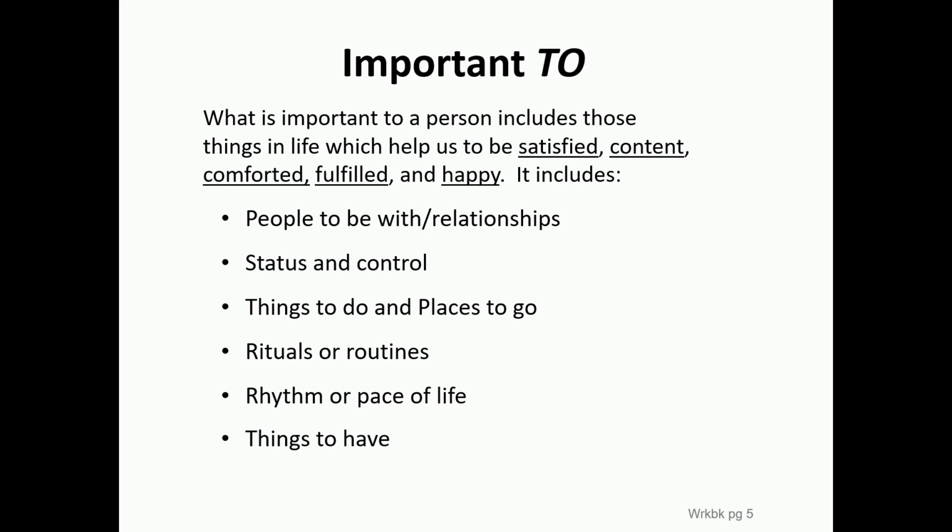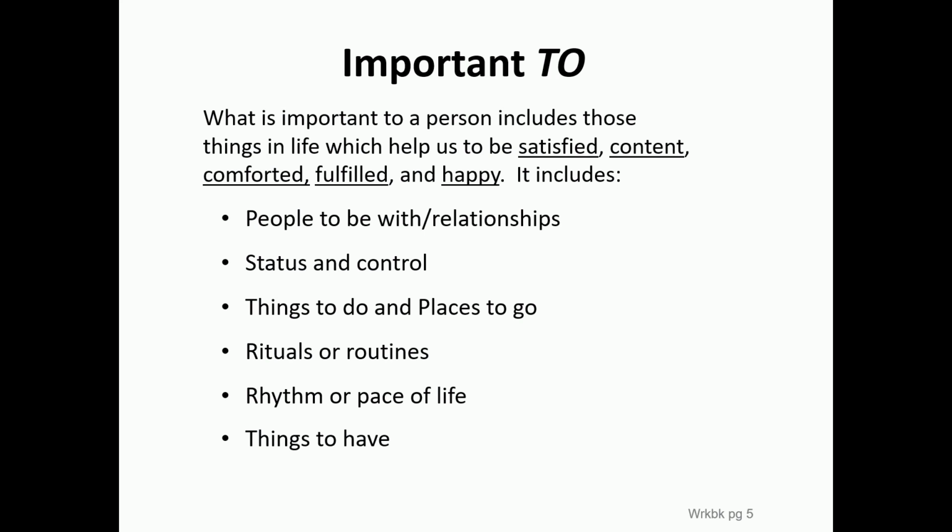It includes things like relationships, having status and control, things to do and places to go, those rituals and routines that we enjoy, having a certain rhythm or pace to life, and the things that we have. This isn't just about individuals with disabilities, but this is about all humans.